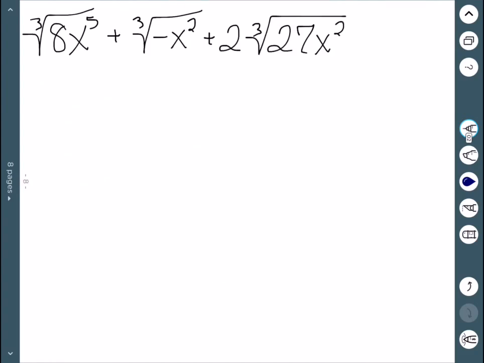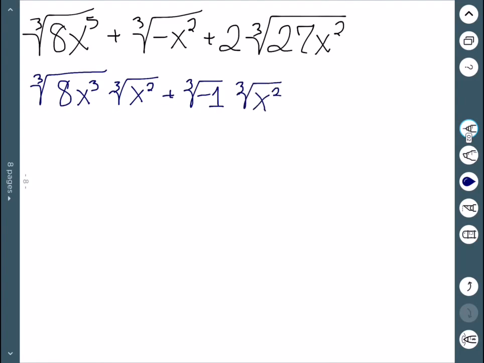One last example. This one looks a little bit more confusing to break up, but we can do it. I'm going to start with this first one. I know the cube root of 8, and I also know the cube root of x cubed. And so then I also am left with an x squared. For the second one, I know what the cube root of negative 1 is, and then I'm left with x squared.